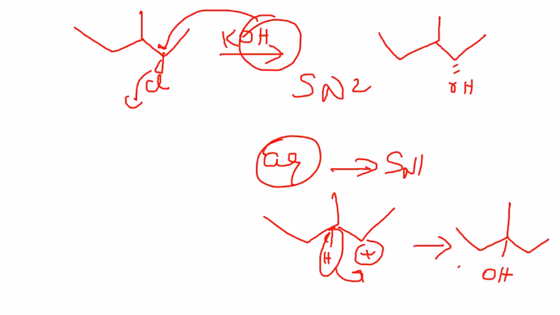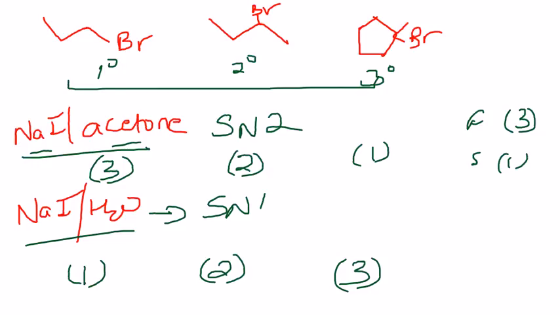All right. Okay, the next question was that you have the alkyl halides, 3 different alkyl halides, primary, secondary, tertiary, and you had to tell what happens with sodium iodide and acetone, which one is going to be fast, and what happens when you change the solvent from acetone to water. Realize sodium iodide in acetone is basically an SN2 reaction mechanism, which tells you that primary halides are going to be the best, so I'm going to give that number 3.